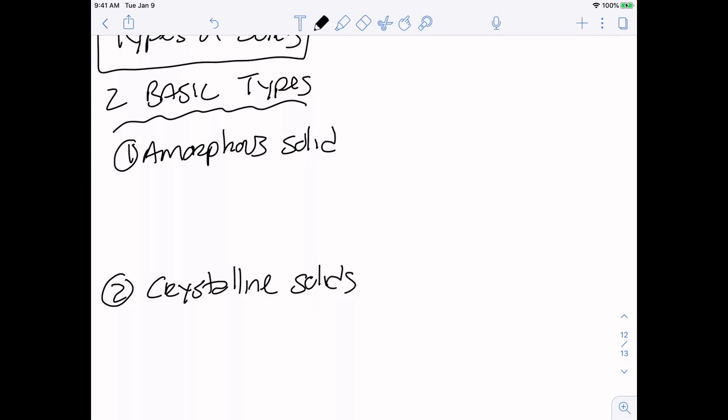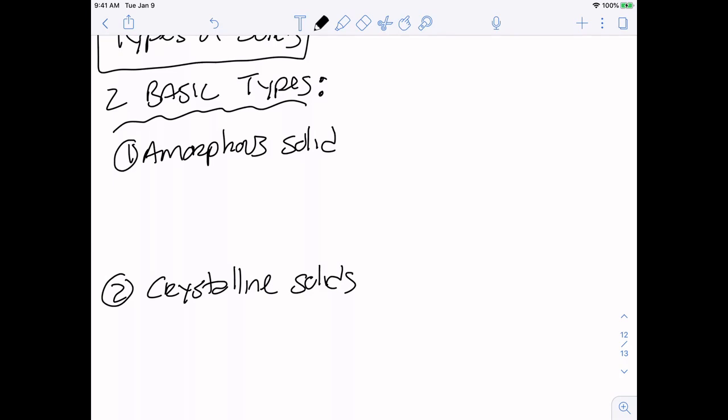Our big difference between the two is that crystalline solids have an order to them. So the particles have a particular arrangement, and that arrangement stays over a long range. It has a repeating pattern. Amorphous solids don't have that repeating pattern. There's no real order to how the particles are put together.